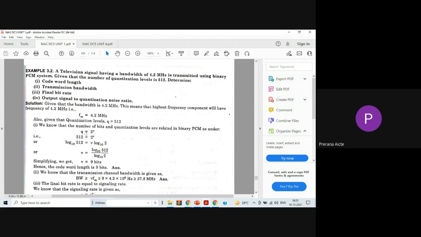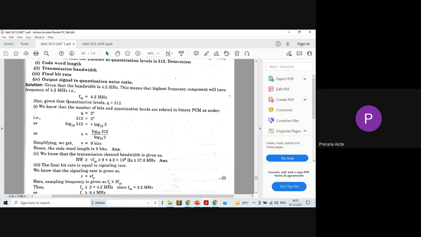That's why we are finding this first. Q equals 2 power v, where Q equals 512. Taking logarithm on both sides, we get v as 9 bits. So the code word length is 9 bits.